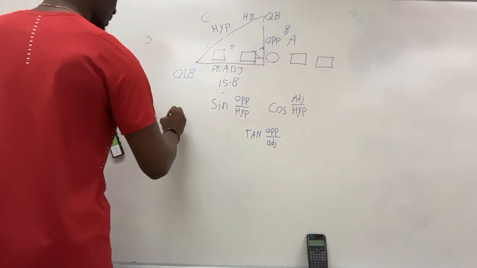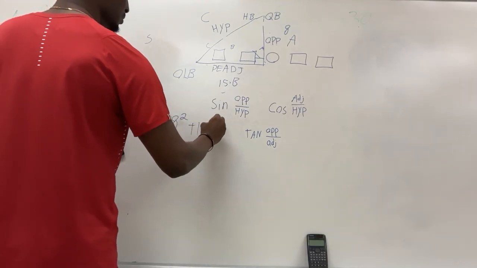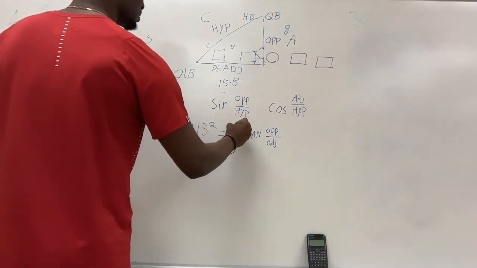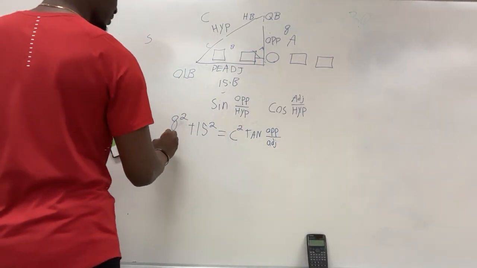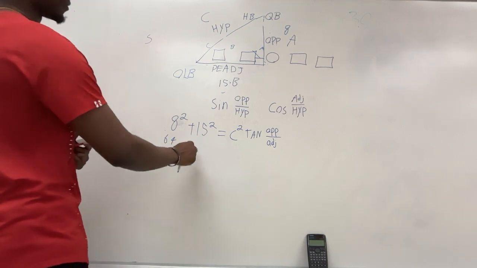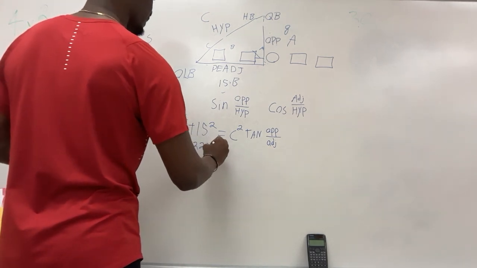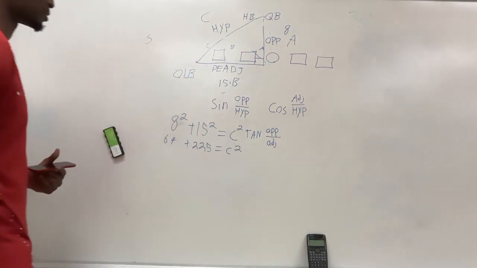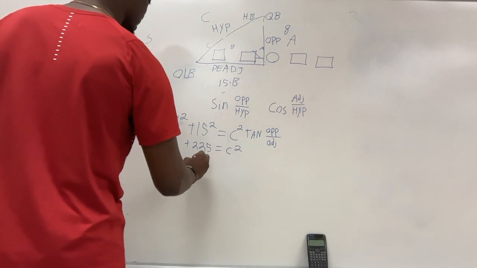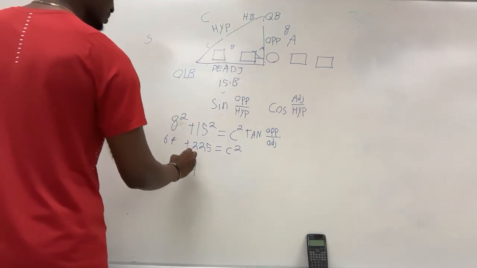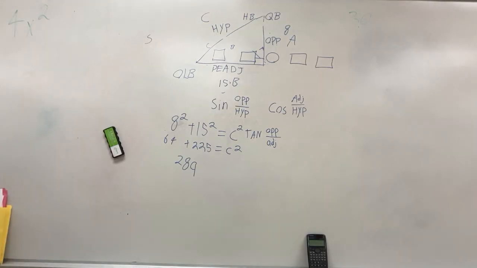So 8 squared plus 15 squared equals C squared. 8 times 8, 64. We just got from 15 a 225. Now we got our C squared. Add these two up: 4 plus 5 is 9, 6 plus 2 is 8, 289 here.